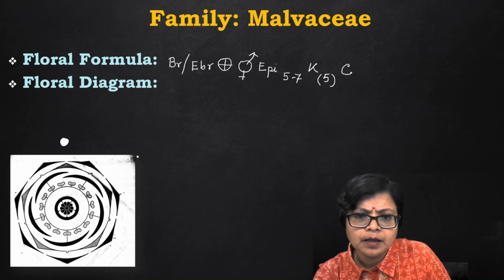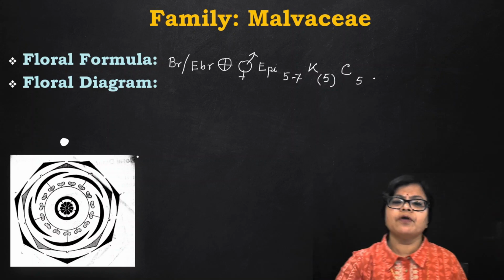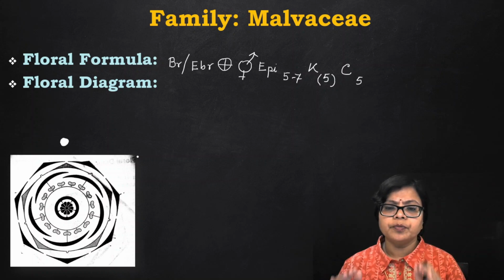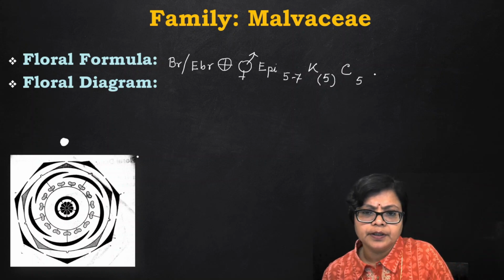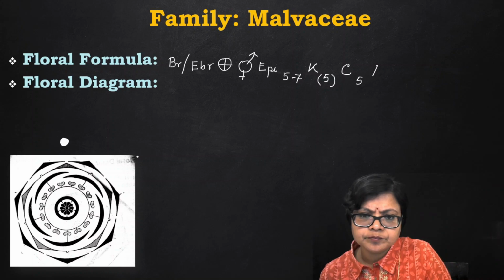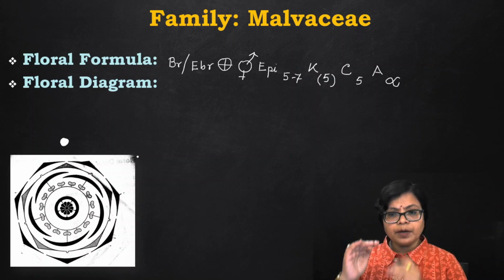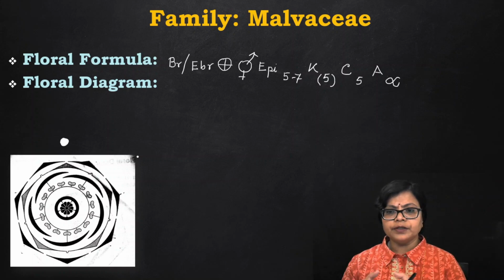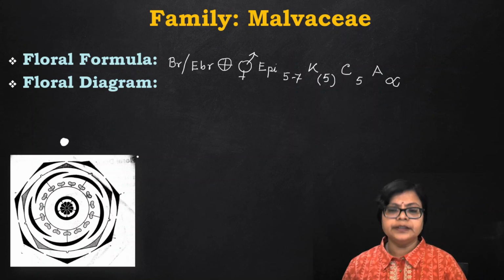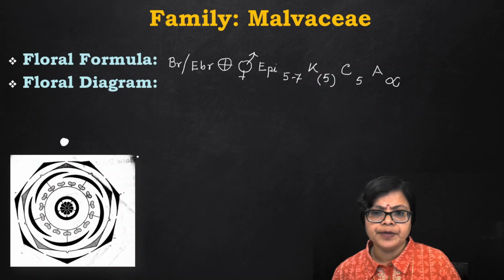Then corolla, that is 5 in number and they are free from each other, so no need to put the bracket outside 5. Then androecium, numerous, so infinite sign, and we have learned the lower parts of the filaments are joined to form a staminal tube, one staminal tube.